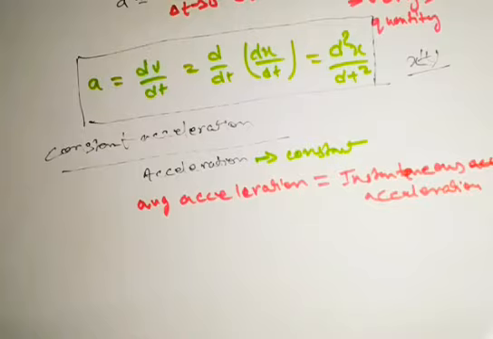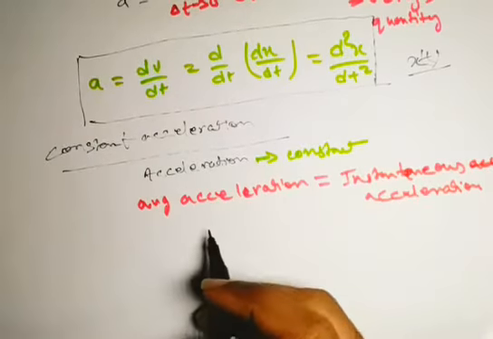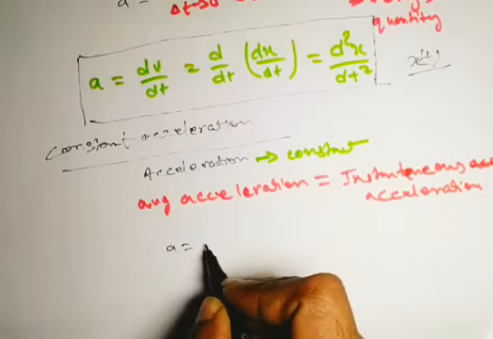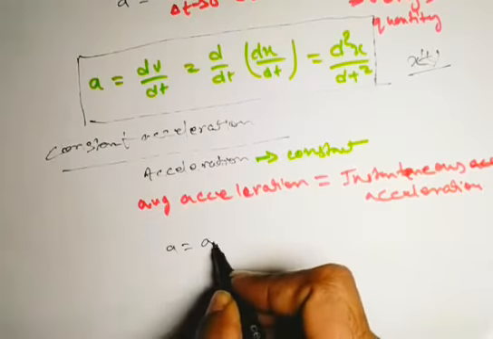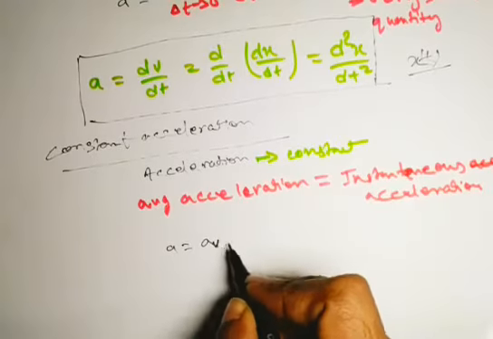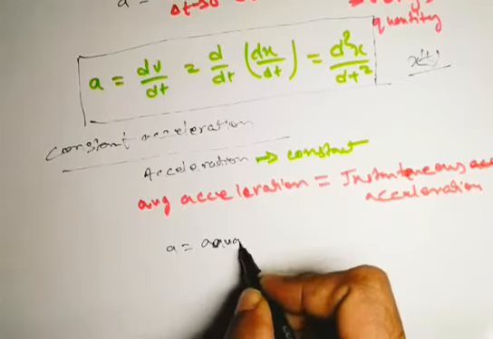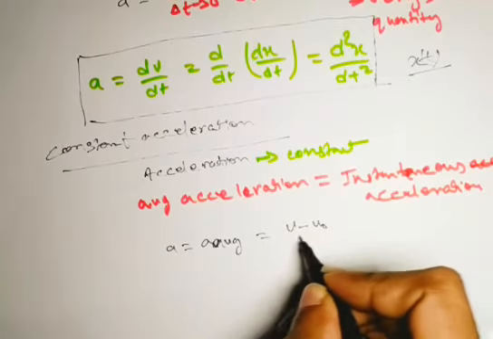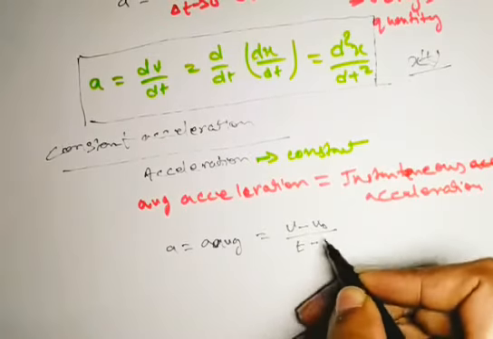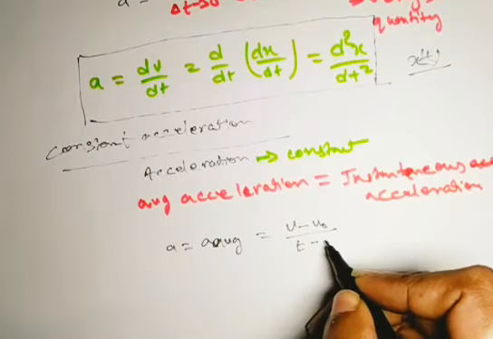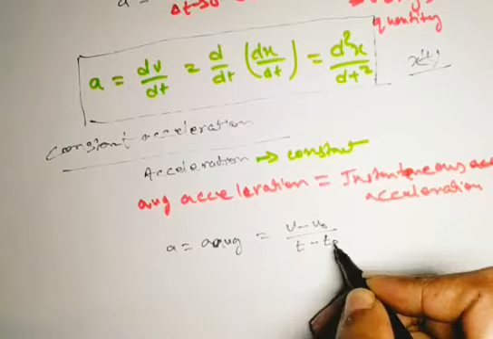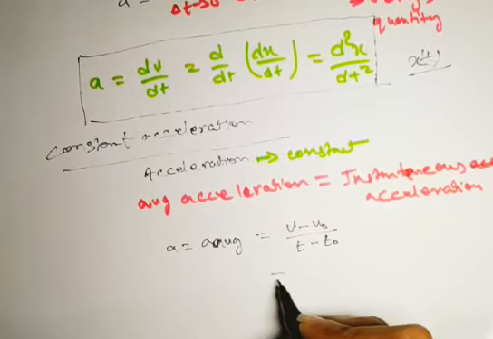So we can write it as a equals a, this is instantaneous, average, equals V minus V naught upon t minus t naught, where t naught is equal to 0. Let's write it first.